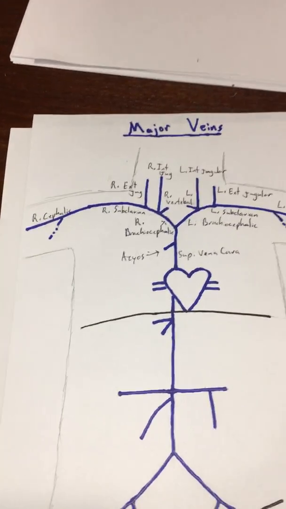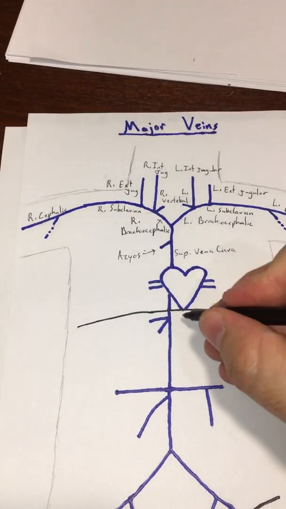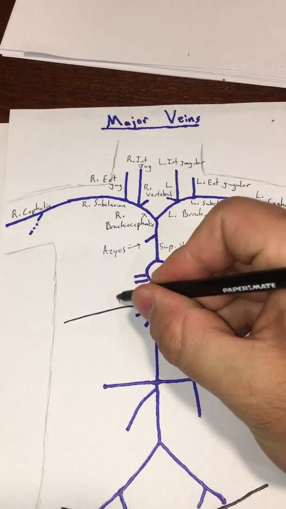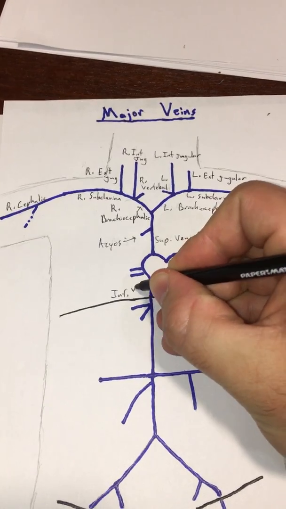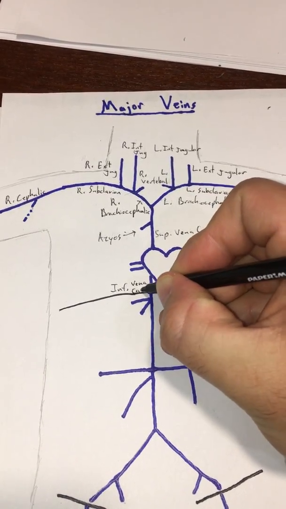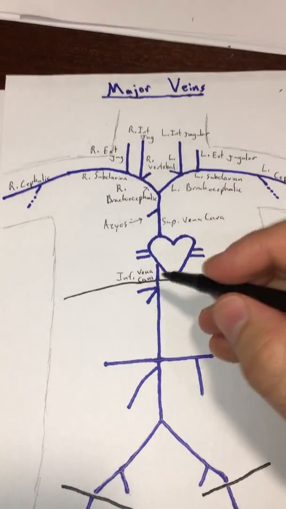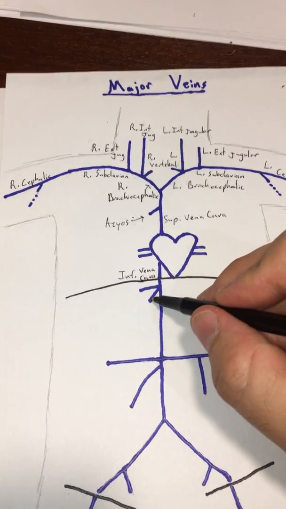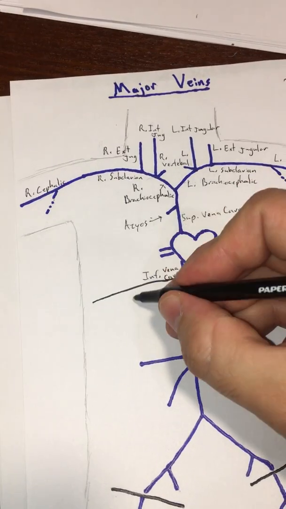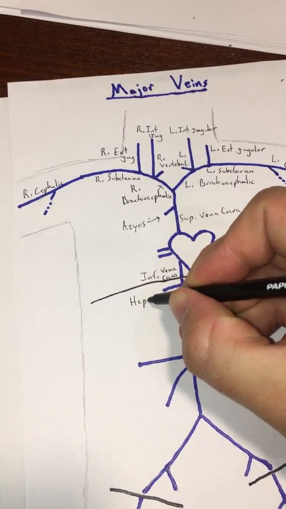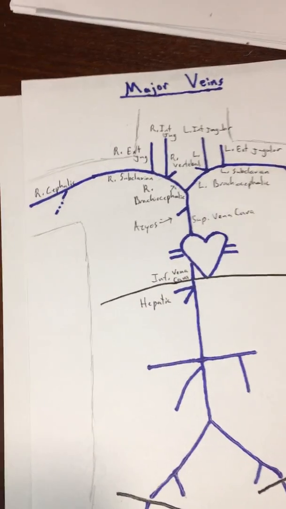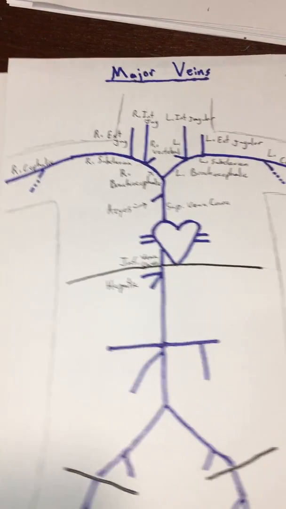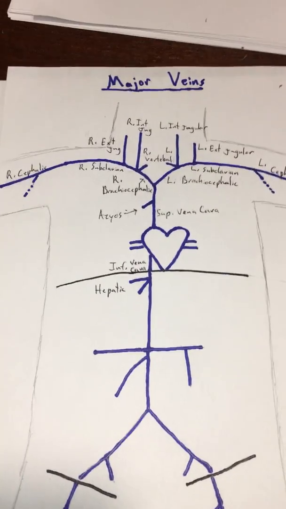All right, now let's go inferiorly from the heart. We have the inferior vena cava. And going into the inferior vena cava are these two vessels right here. These are called hepatic veins. That might be a little confusing if you're first hearing about these hepatic veins.